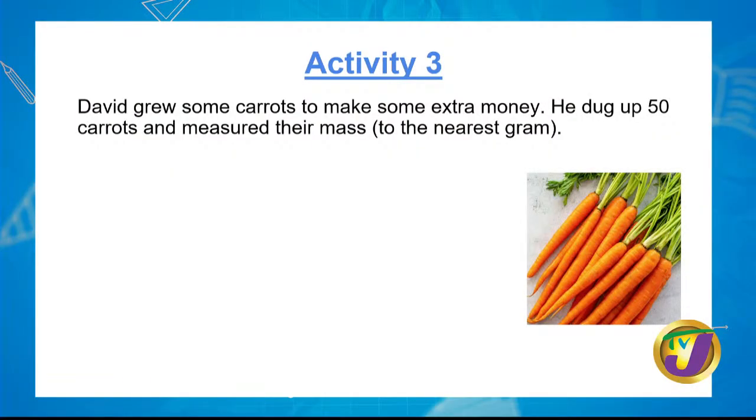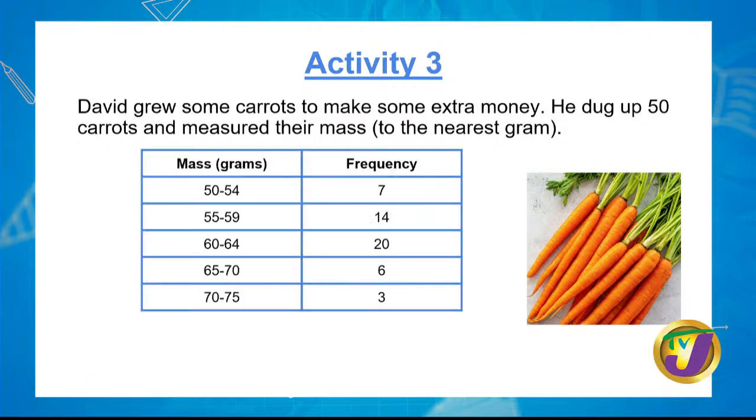All right, so here we have another activity. David, who must be my son, grew some carrots to make some extra money. He dug up 50 of the carrots and measured their mass to the nearest gram. Here I have a frequency table representing David's carrots that he dug up. If you were here last week Friday, you will remember that we spoke about creating frequency tables using class intervals.